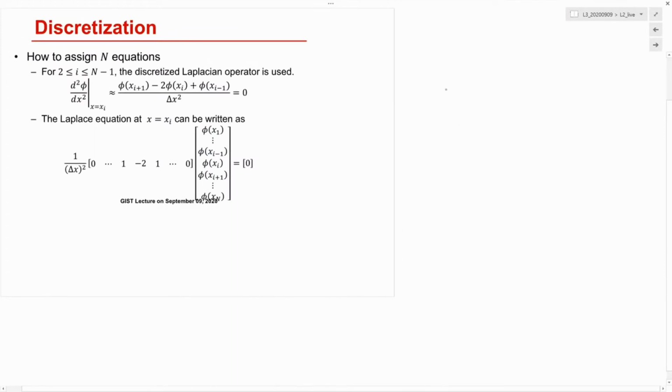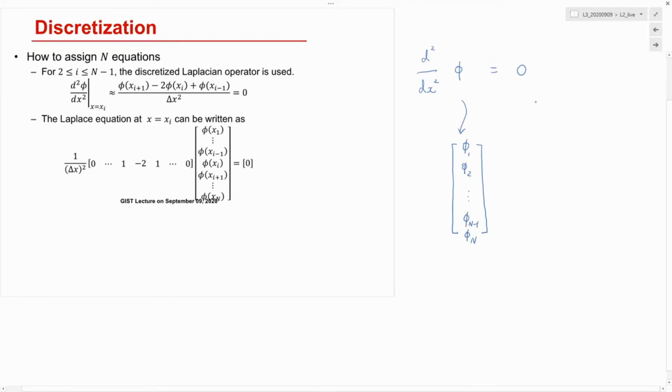Then, since we have a differential equation, a second order differential equation, we were quite successful to express it in a vector form, phi 1, phi 2, up to phi n minus 1, phi n.